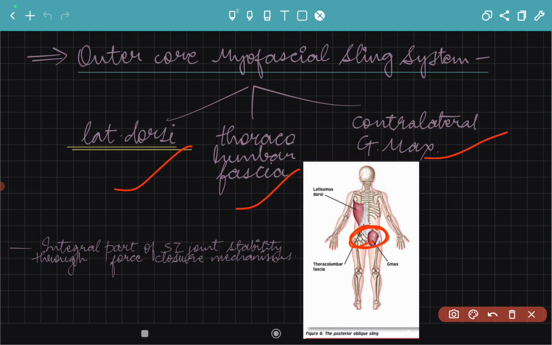So these three structures, latissimus dorsi, thoracolumbar fascia, as well as the contralateral gluteus maximus, play a crucial role in sacroiliac or SI joint stability. That was about the myofascial sling system, the posterior oblique sling.